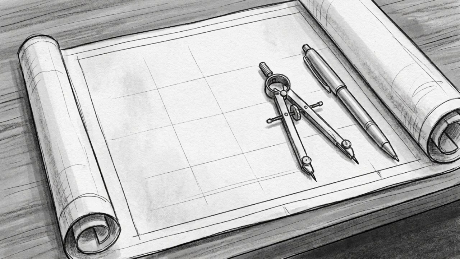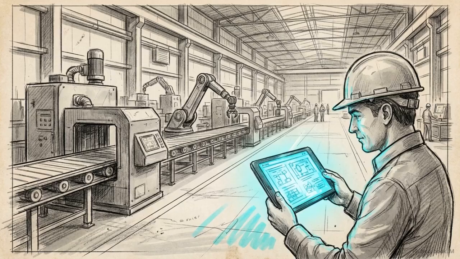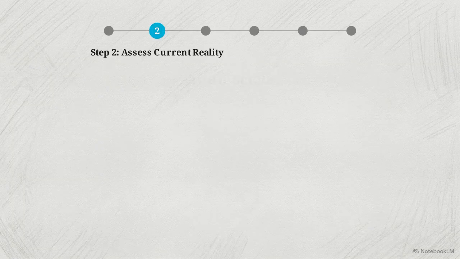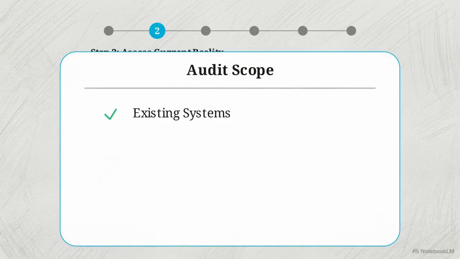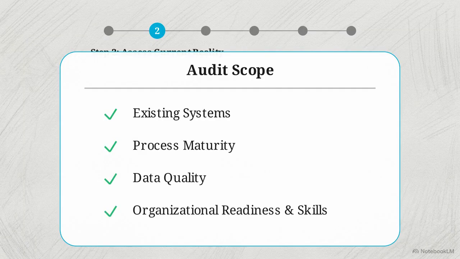Next is step 2, assess current reality. Before you can map out a future state, you must run a strict audit on exactly where the organization stands today. As this checklist shows under step 2, this audit covers existing systems, process maturity, data quality, and organizational readiness. You must evaluate actual team skills.